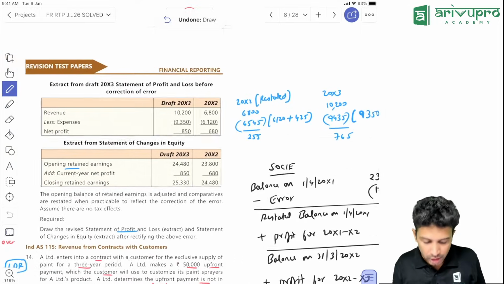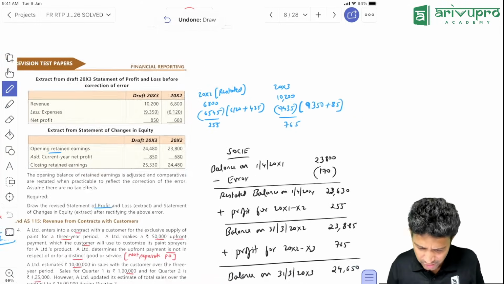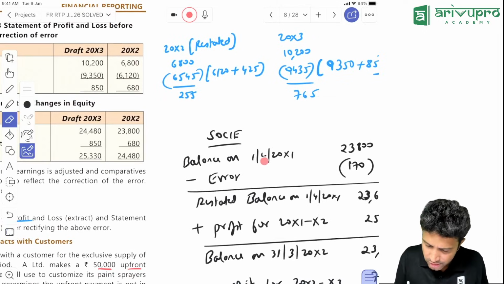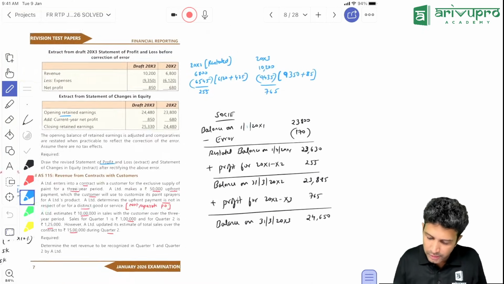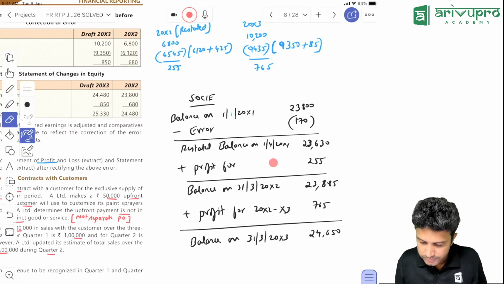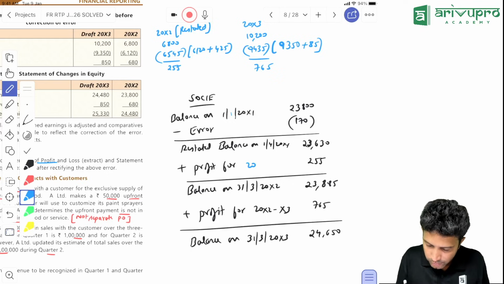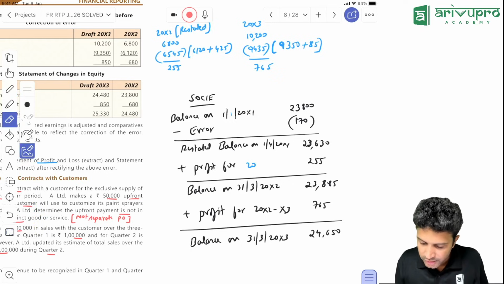We'll start with that. The opening balance, so X2, maybe you'll call it as, I don't know, I think here, maybe instead of 1st April, let's call it 1st January. I think here it is a January to December year. Okay, no problem. I'll just call it this. Okay, I'll probably change the dates over here.